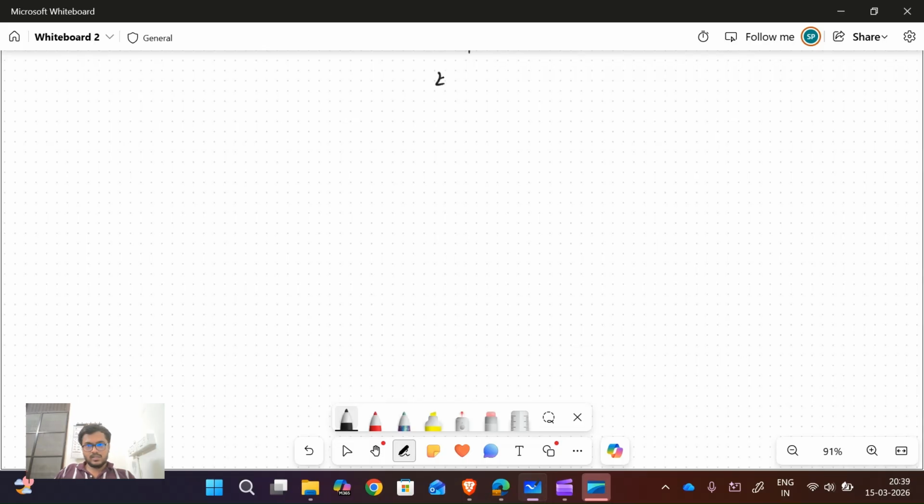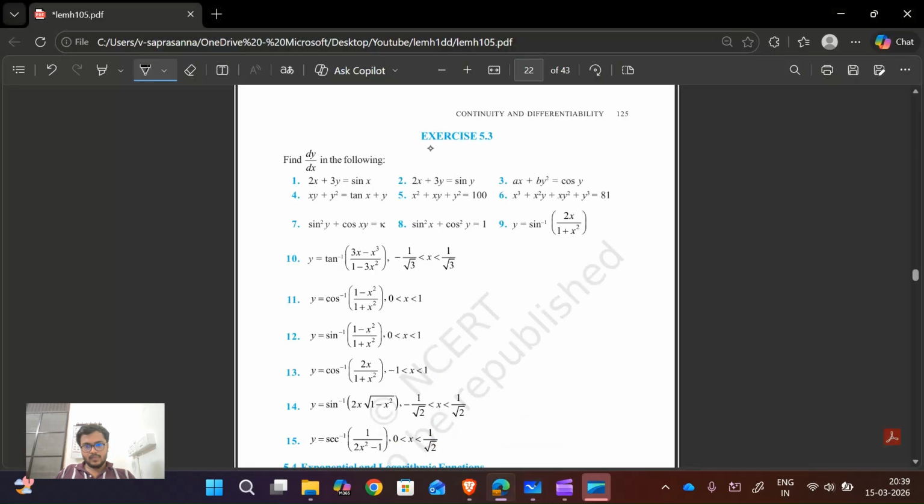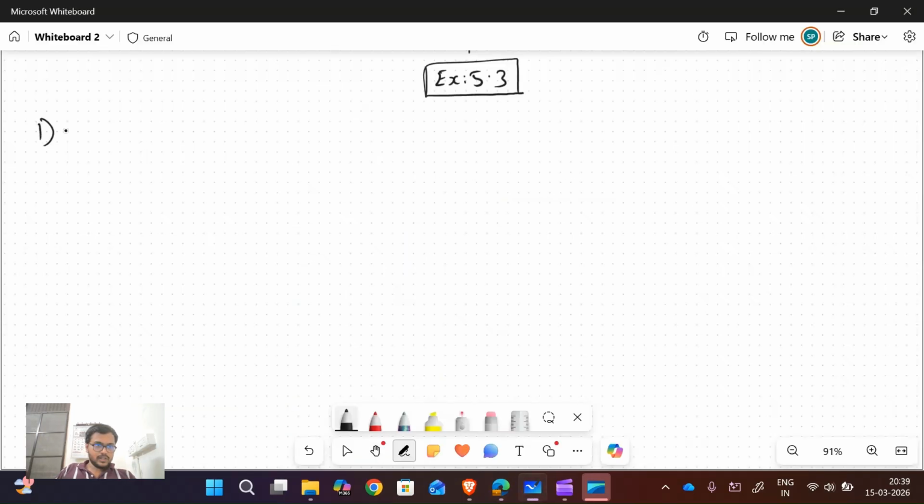Like this is nothing but exercise 5.3. Okay. The first question you take 2x plus 3y is equal to sin x. See, your equation is mixed, right? It is mixed with y and x. Just directly solve how you normally solve.